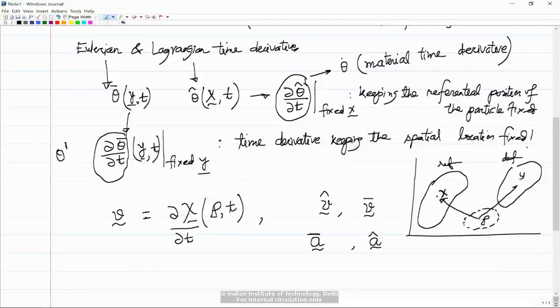But its location in the deformed configuration is changing with time. So due to this map, for every X in the reference configuration, you have a unique particle P in the body.